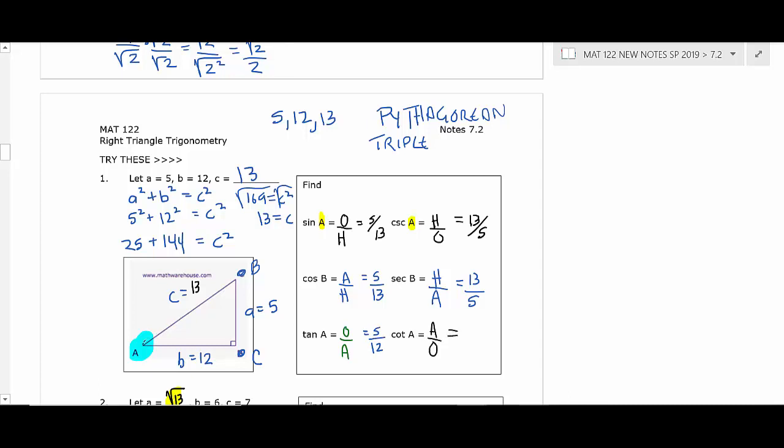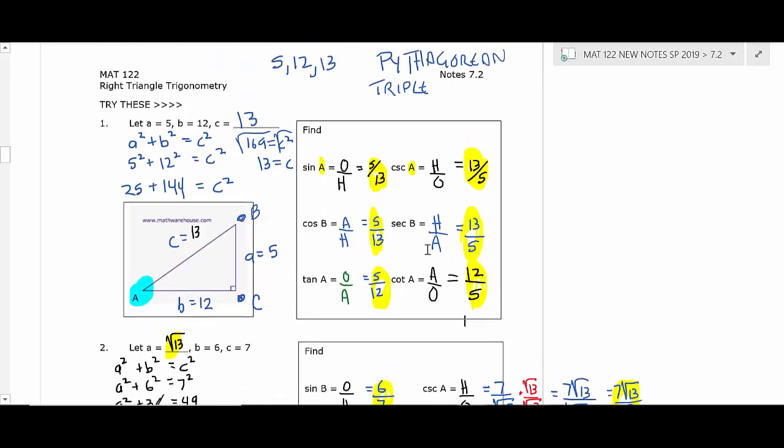Looking at angle A, adjacent is 12, opposite is 5, so that's 12 over 5. So that's what was intended on that problem. If I would have had the angles right, that's what you should have got. If you didn't get that, that's my mistake and I apologize. Generally I'm always going to give you C as the right angle. A and B are interchangeable, but C is supposed to be set as the right angle.